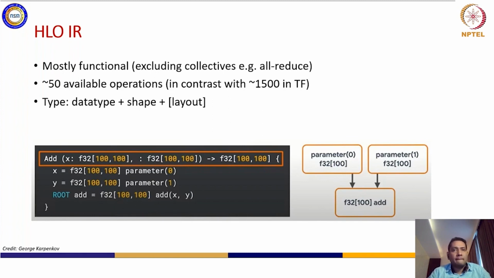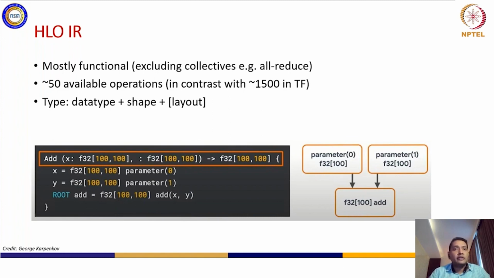is functional in nature. Of course, there are some limitations: the all-reduce algorithm that we saw in the previous class is not compilable for HLO IR. The number of operations is very small in contrast with TensorFlow: there are about 1500 TensorFlow operations, while HLO IR has around 50.